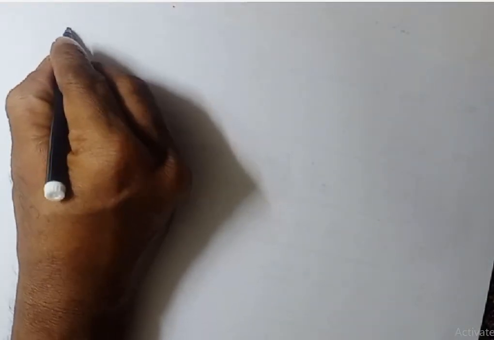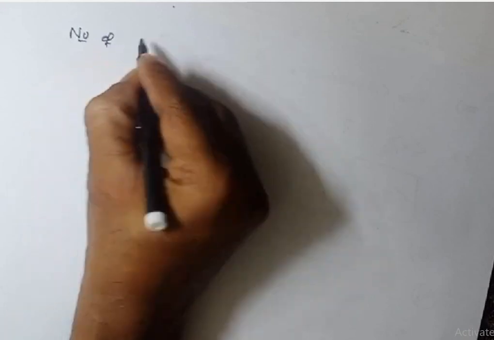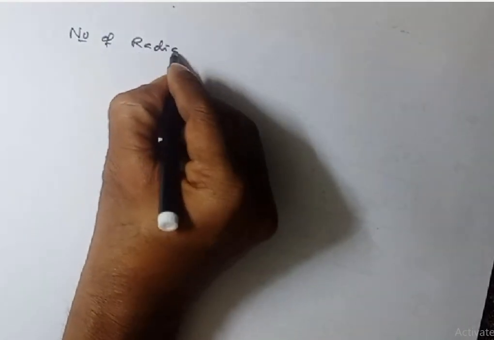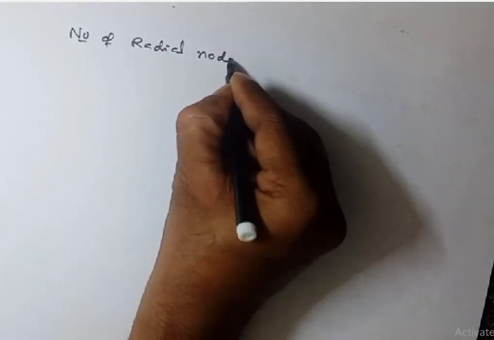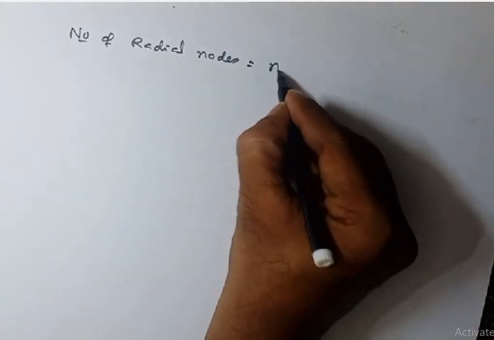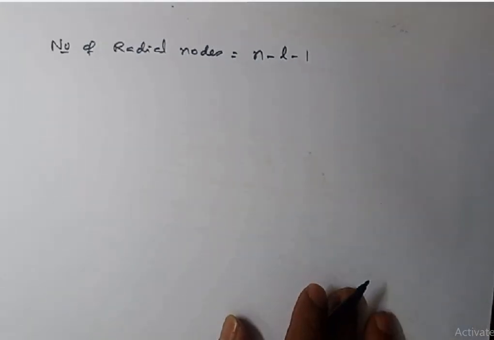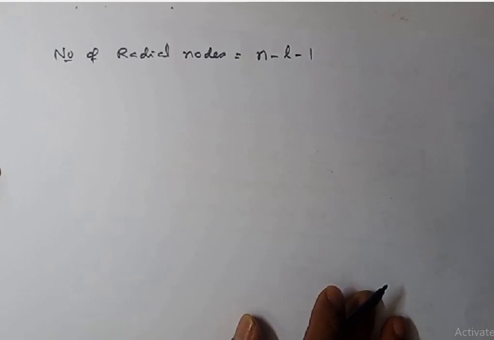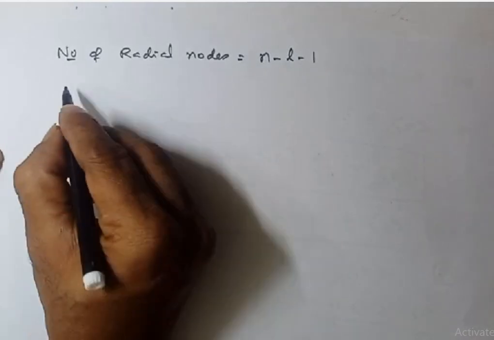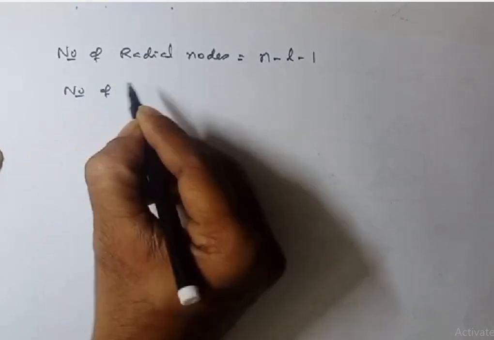How to find radial nodes and angular nodes. Number of radial nodes is equal to n minus L minus 1. This is the formula we use to calculate the number of radial nodes. Then next, the number of angular nodes.